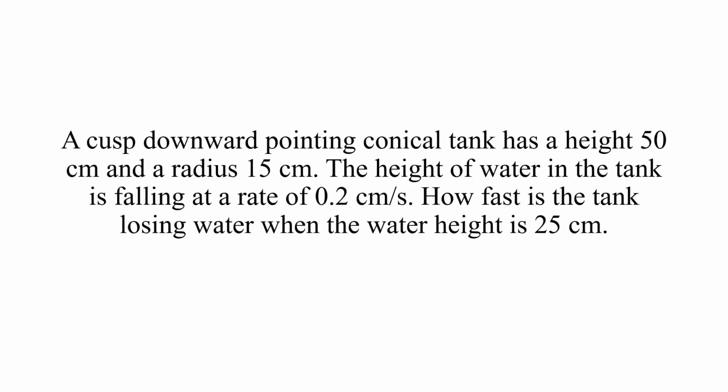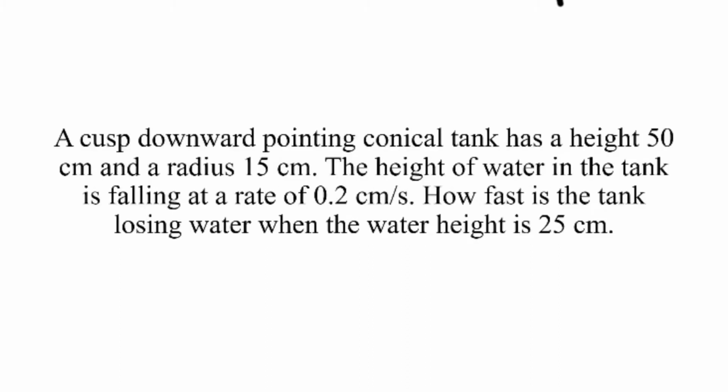Problem statement. A downward pointing conical tank has a height of 50 cm and a radius of 15 cm. The height of water in the tank is falling at a rate of 0.2 cm per second.